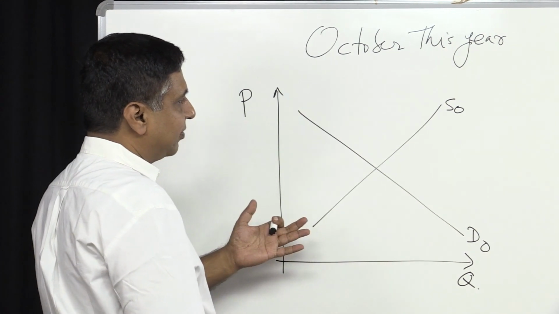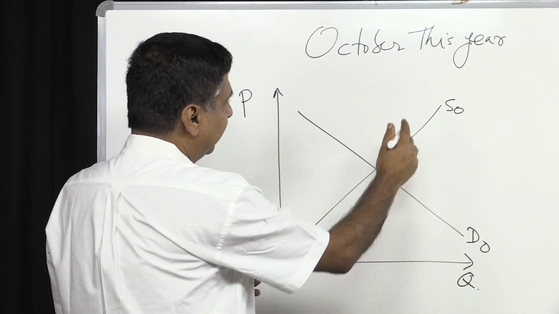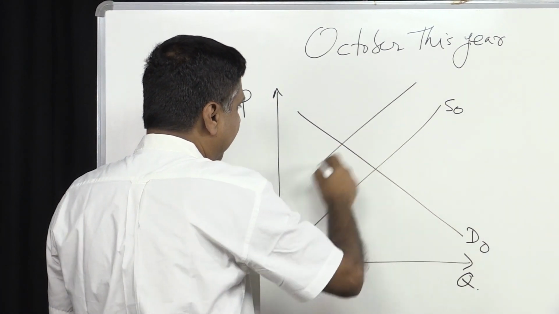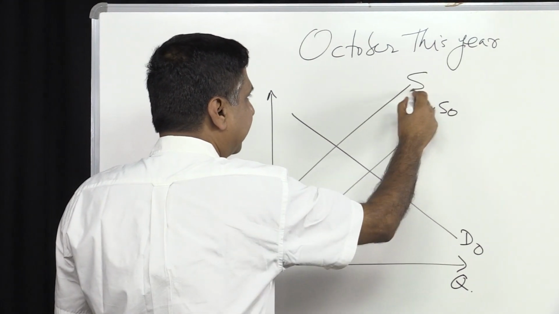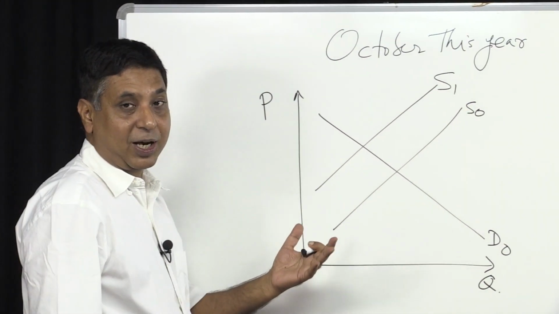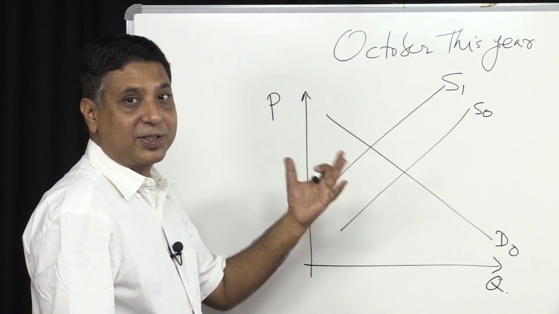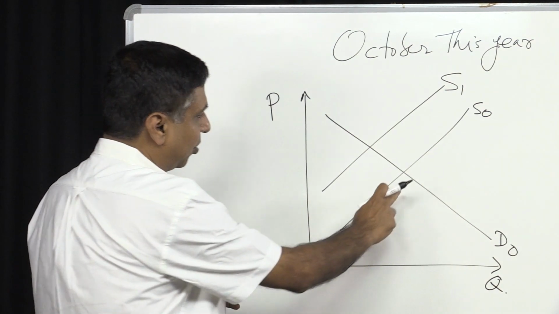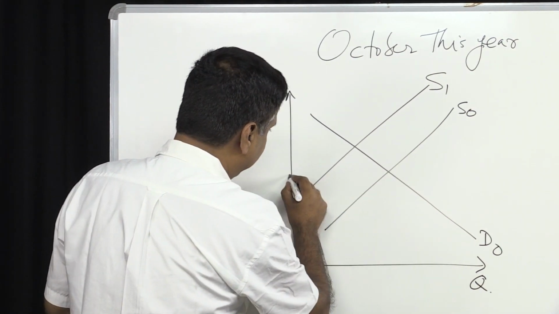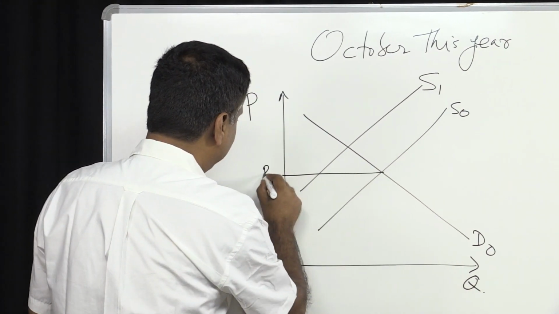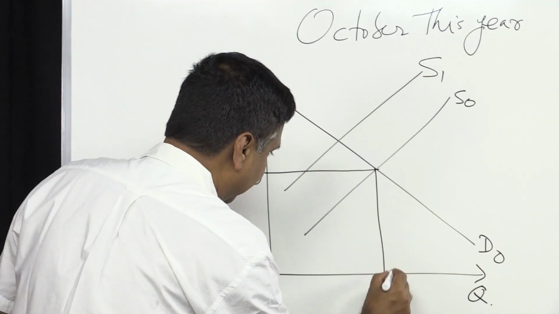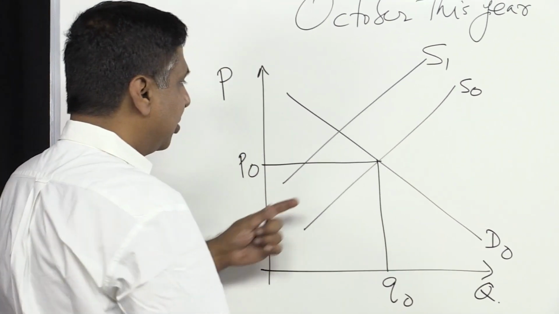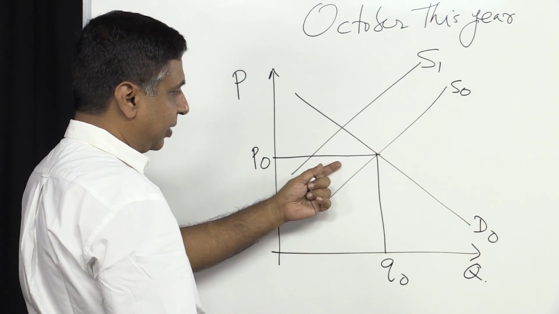Now suppose we have a deficient monsoon, then we would expect the supply curve to shift to the left. I hope you remember how the weather affects the supply curve. So consequently, the old equilibrium, which we can mark as P0 and Q0, will no longer be an equilibrium.